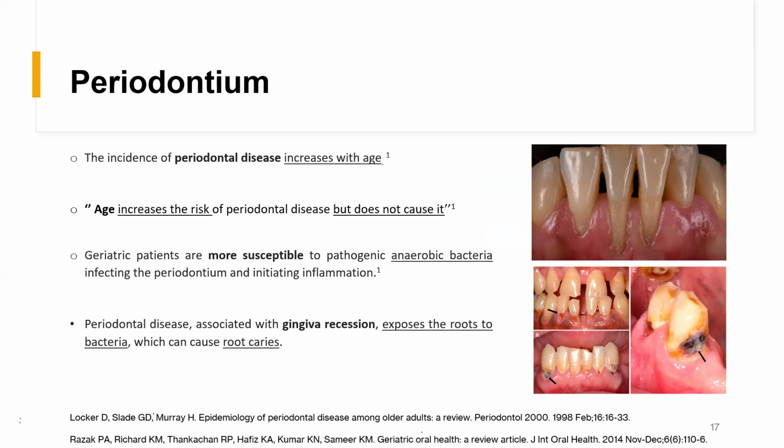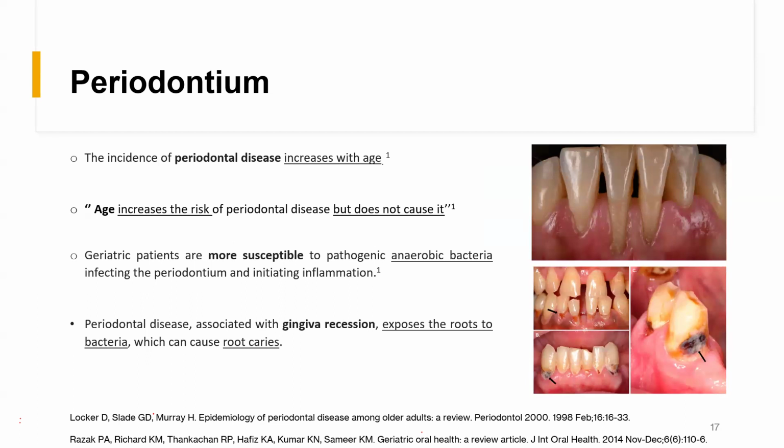the time. Okay. Now, due to the aging process, certain medications and certain systemic diseases such as diabetes, geriatric patients become more susceptible to pathogenic anaerobic bacteria infecting the periodontium and initiating inflammation.